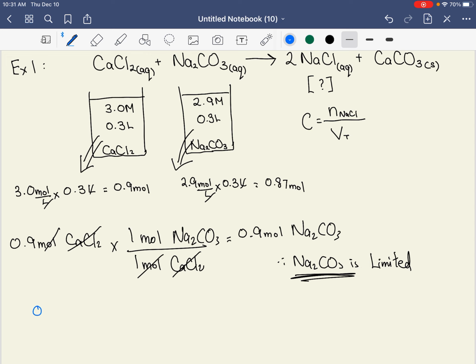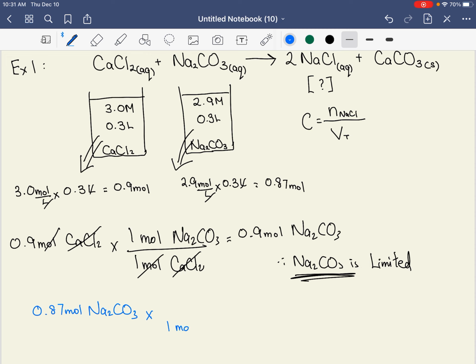Now, you already found out that there's 0.87 mole of sodium carbonate. That's how much sodium carbonate is in here. So, if all of this was to be reacted, how many mole of NaCl will be generated? Let's do the stoichiometry.